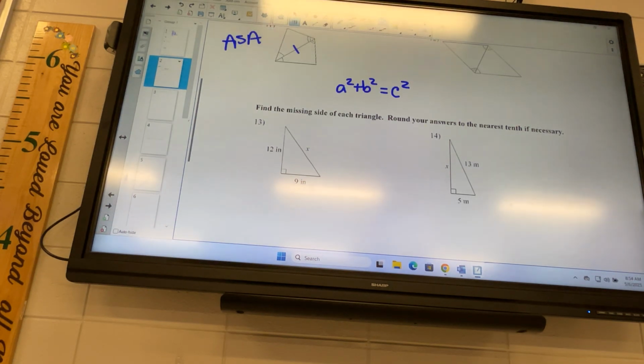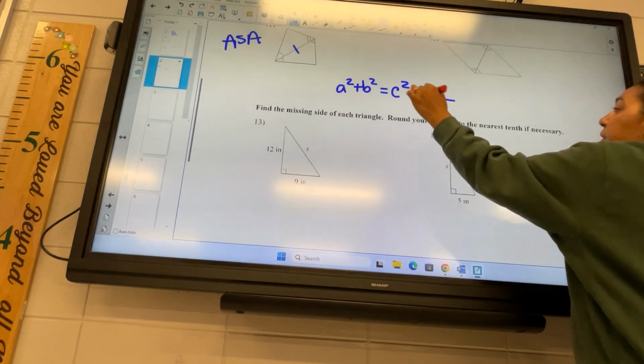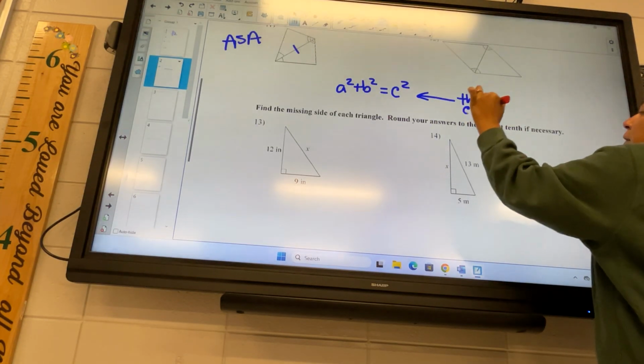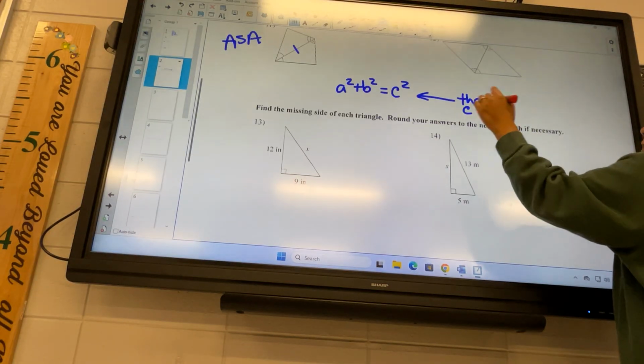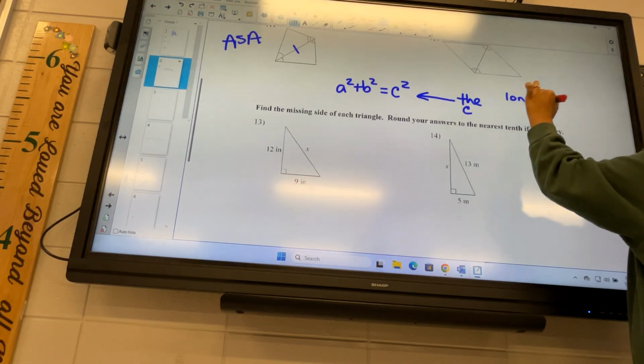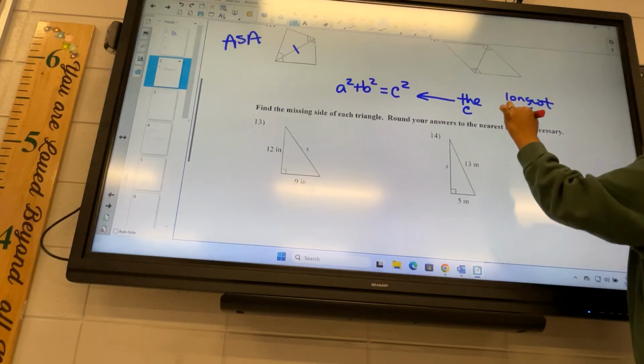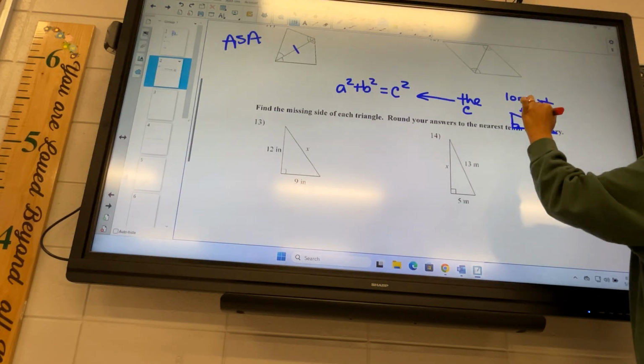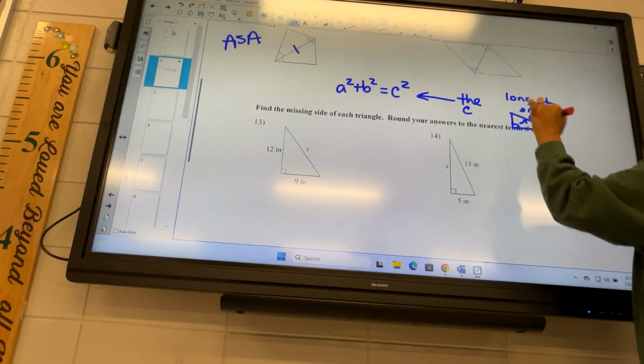Remember? The c is always going to be, first of all, the longest, or it's across from the right angle, the square. This is your c.